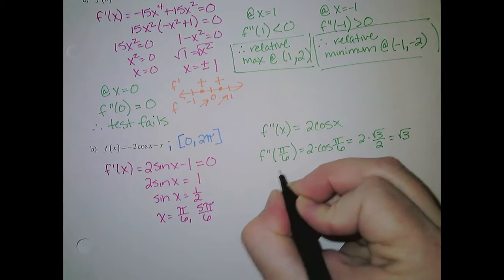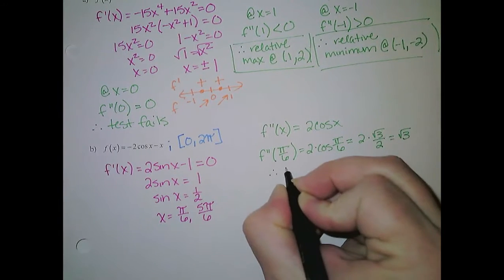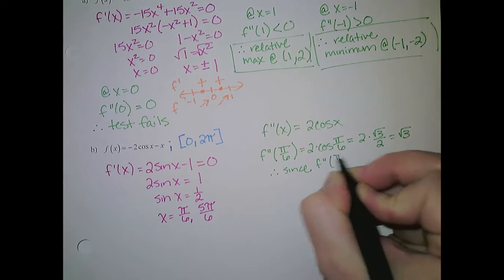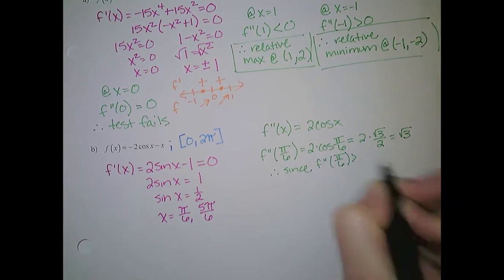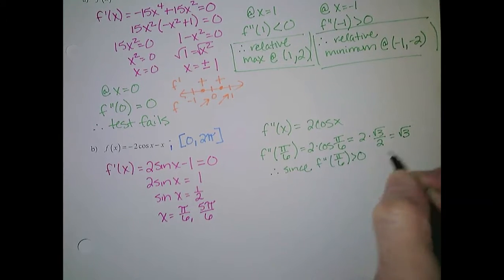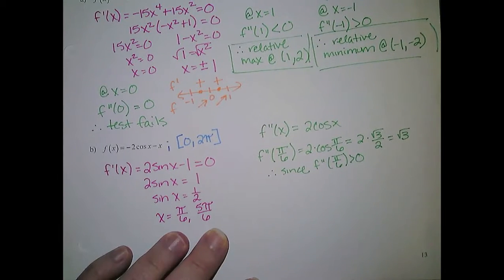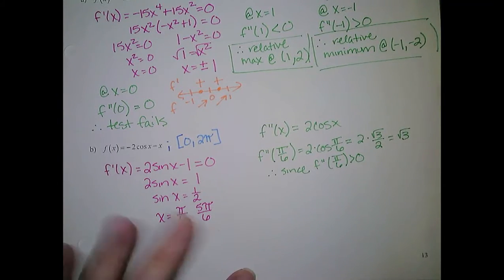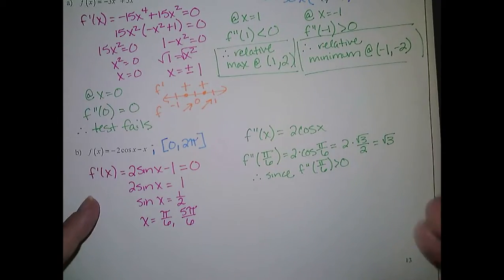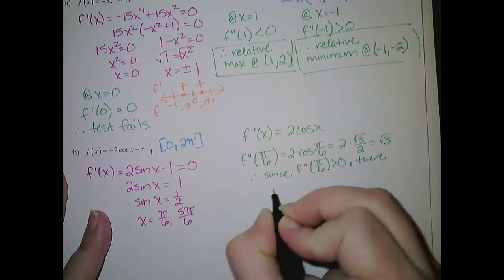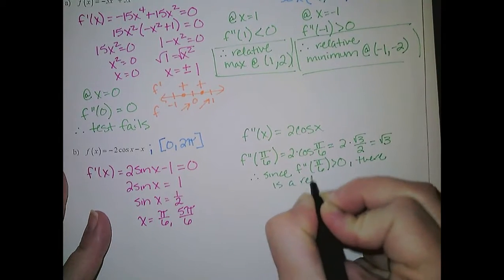Specifically, we get positive square root of 3. So, since the second derivative at pi over 6 is greater than 0, and the first derivative is equal to 0, we know that we have a horizontal tangent line. The graph is concave up, so this point is a relative minimum.